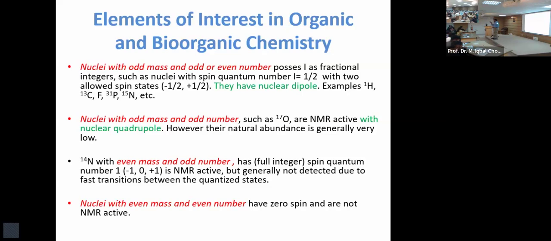UV is roughly about 70 to 140 kilocalories, kcal, right? So much energy. Infrared is about 4 to 5 kcal. NMR is 0.04 calories. It's extremely weak, you know.